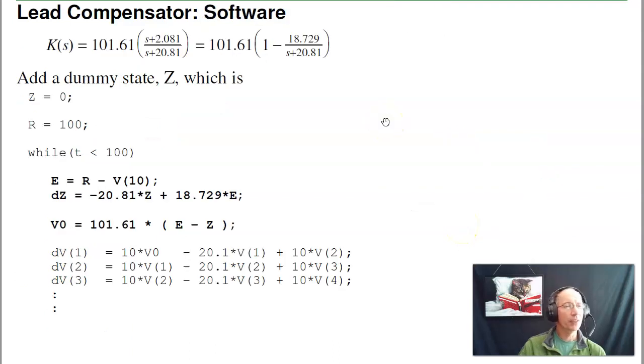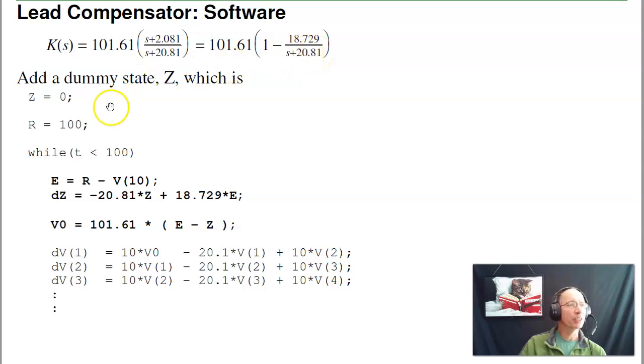Now, anything I can do in hardware, I can do in software. In software, I can implement this filter by first taking this filter and making it a proper fraction. Take s plus 20.8 minus 18. s plus 20 over s plus 20 is 1. Leaves you minus 18 over s plus 20. This is a filter. I can implement that as a first order system.